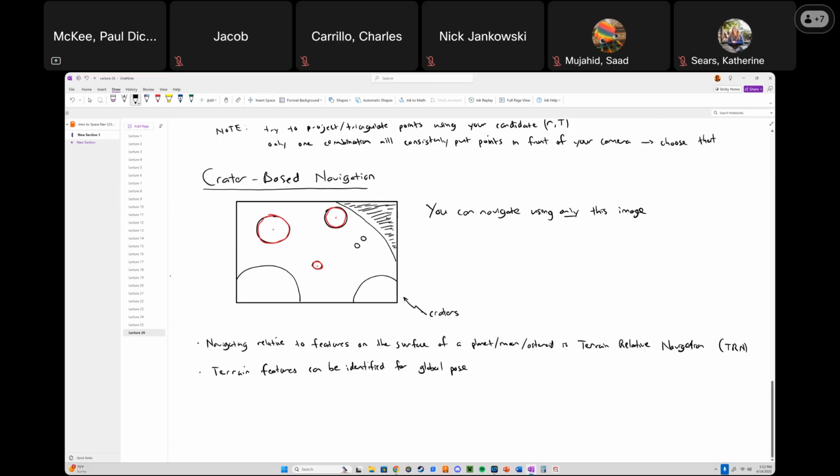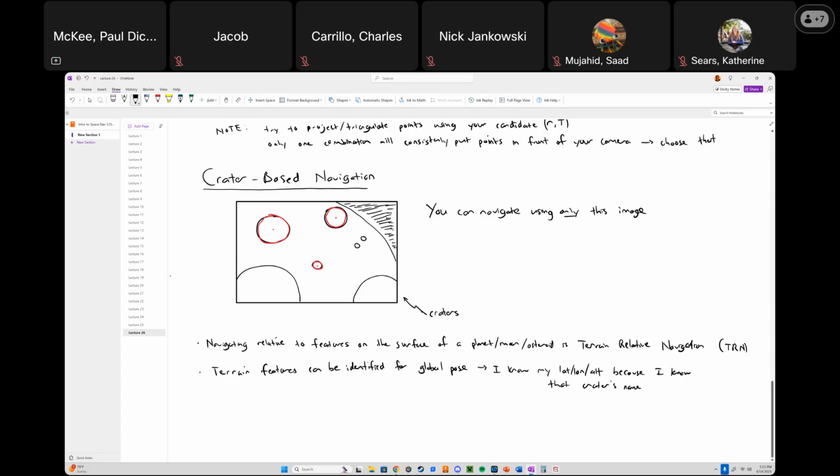Basically, you could say, I know my latitude and longitude and altitude because I know that crater's name, and where I see it in my image.